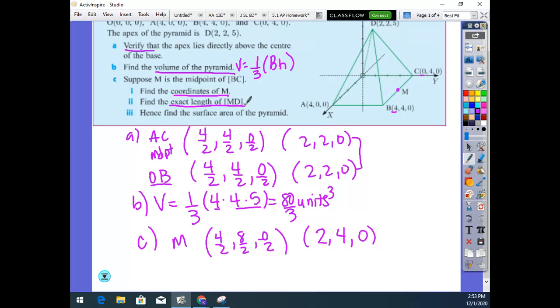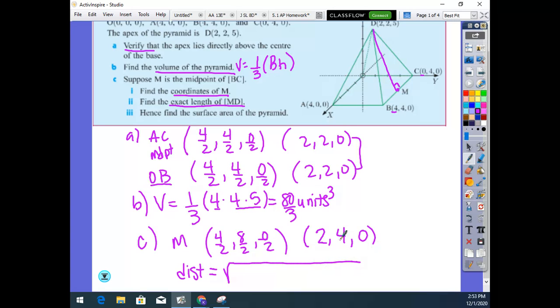Find the length, the distance from M to D. Pretend that's straight, because then that's our right angle. The distance is the square root. Okay, I'm going to use my point M and point D, which is 2, 2, 5.